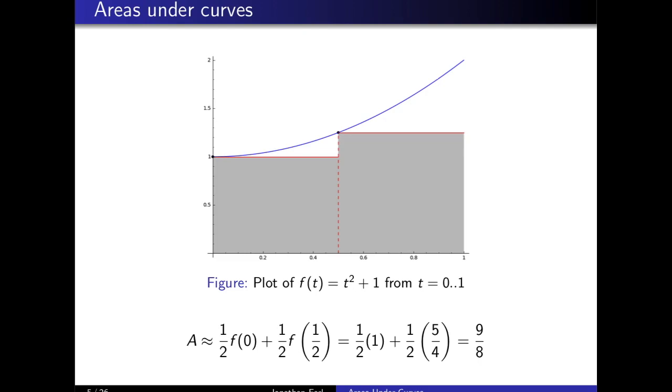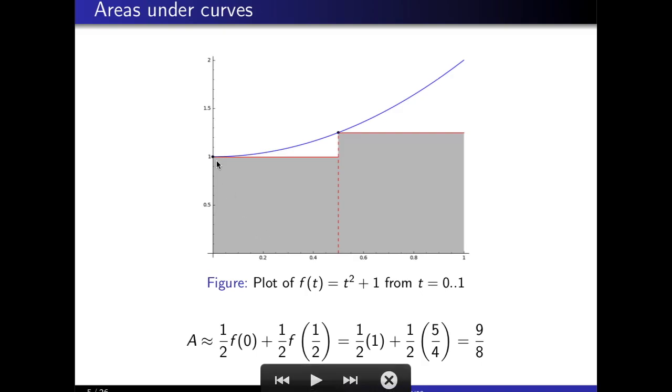Right, so what we'll do is we'll take the interval 0 to 1 and we'll split it up into 2 intervals. We may as well make it simple on ourselves and make them equal sides. So we'll have 2 rectangles, both of width 1/2. And now we just want to set the height.